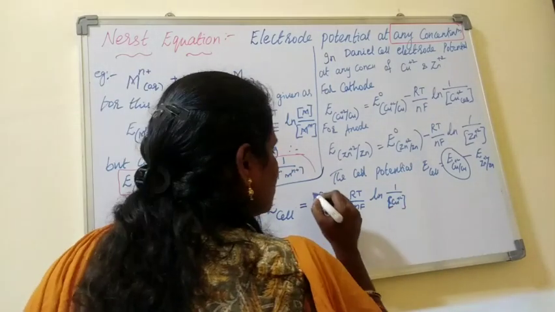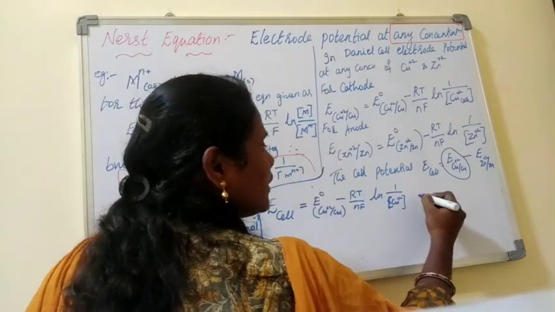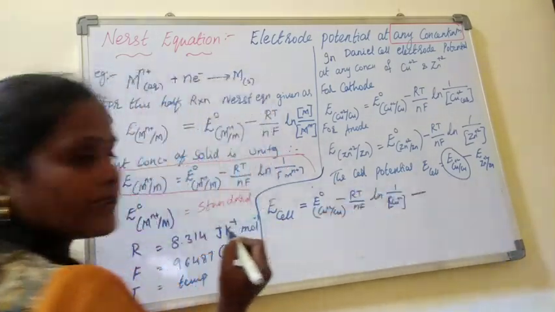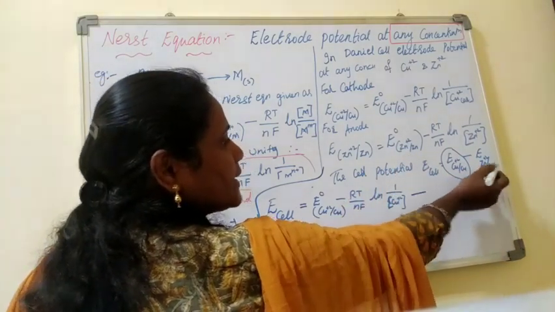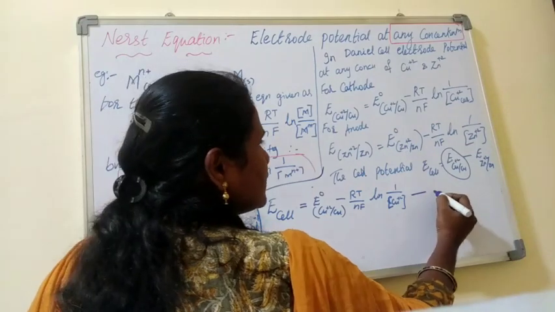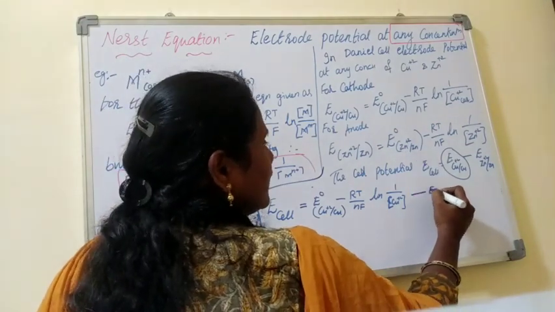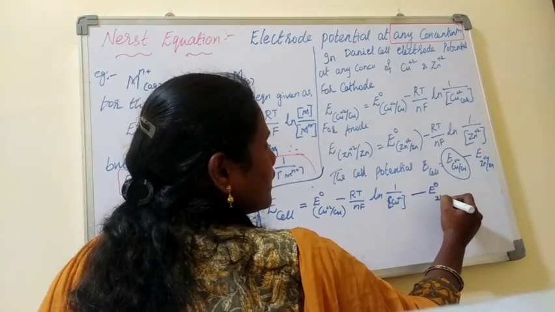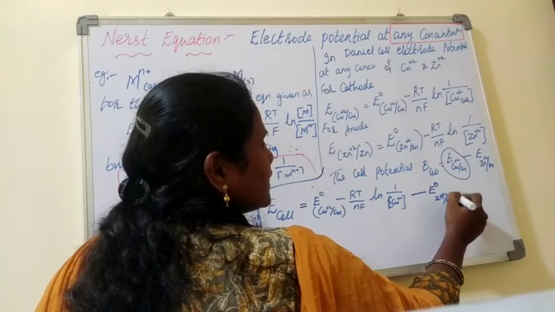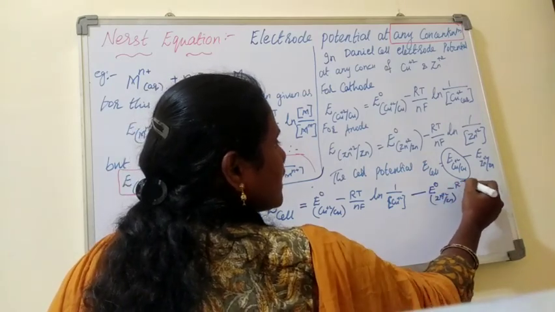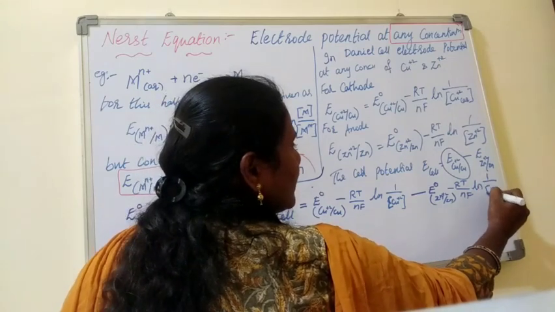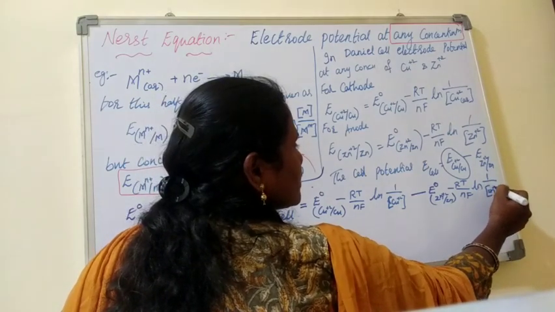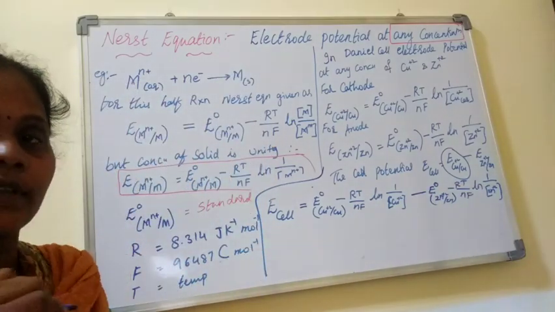Then minus of this, you can keep a bracket or directly substitute minus. Now I have to subtract zinc. So this will be E naught zinc plus 2 by zinc minus RT by NF ln 1 by zinc plus 2 ion concentration, isn't it?